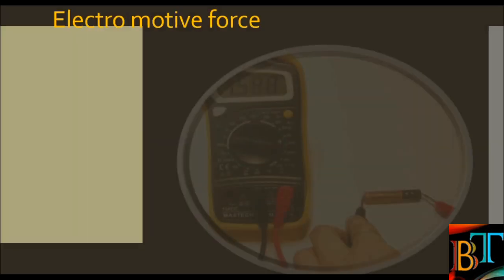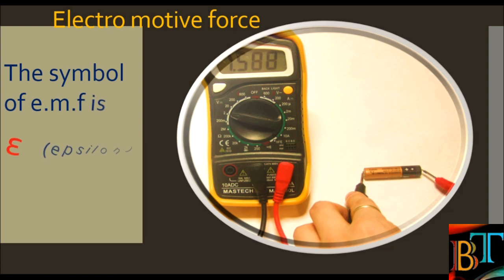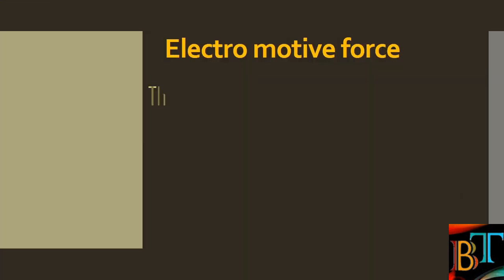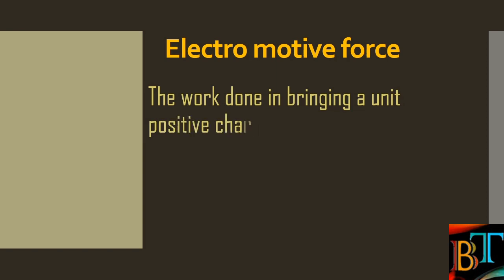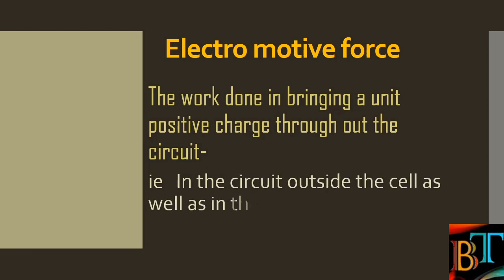It can be obtained by connecting a voltmeter across its terminals. So EMF is the potential difference and it is defined as the work done in bringing a unit positive charge throughout the circuit. That means in the circuit outside the cell as well as in the electrolytes inside the cell.